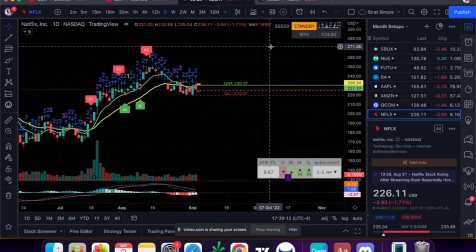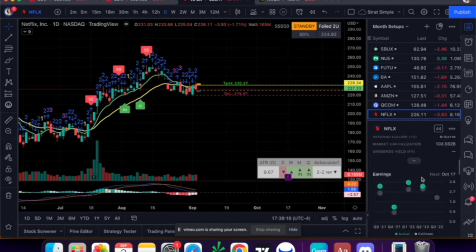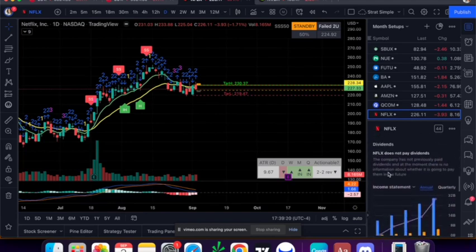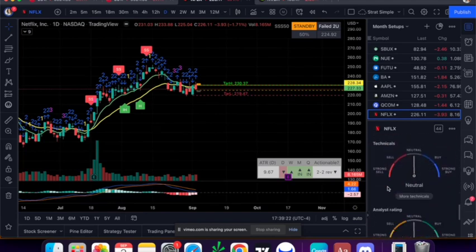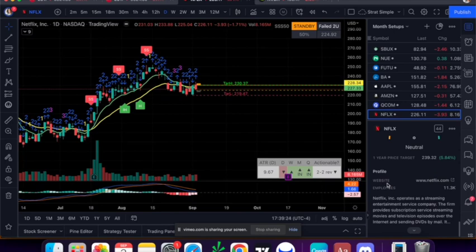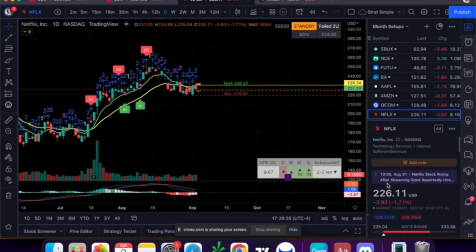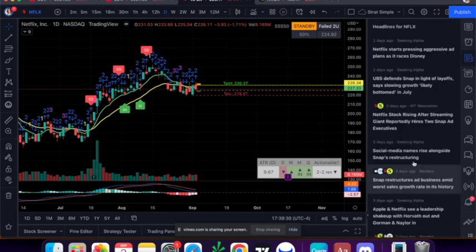But I think they got a downgrade. Didn't they get a downgrade? Yeah, some sort of bad news came. So I was watching it for like a 190 price target, but we shall see. Something with the advertisements and all that. I don't know what that is, though. Aggressive ad plans as it races Disney.